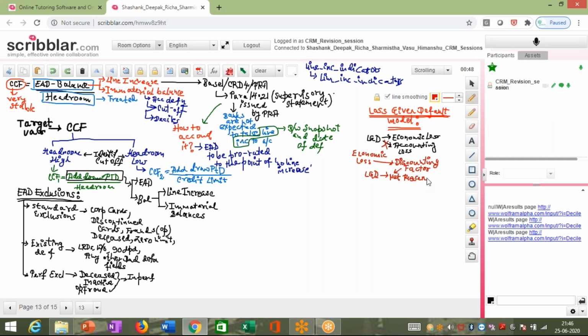Now the question that comes out is how do I calculate this LGD, or what exactly will be the formula for computing this LGD?